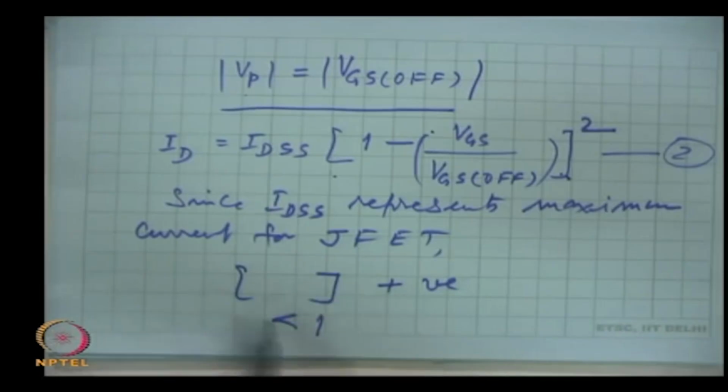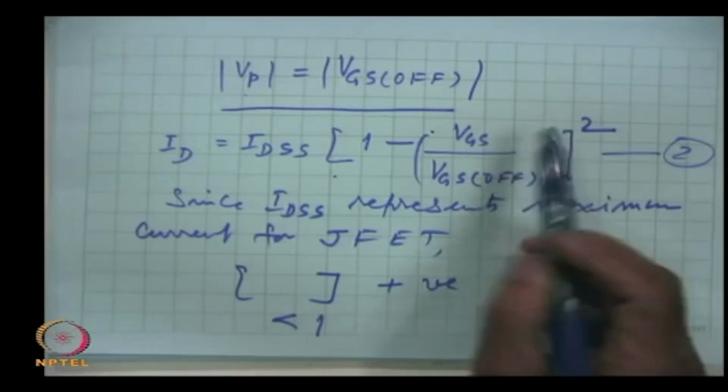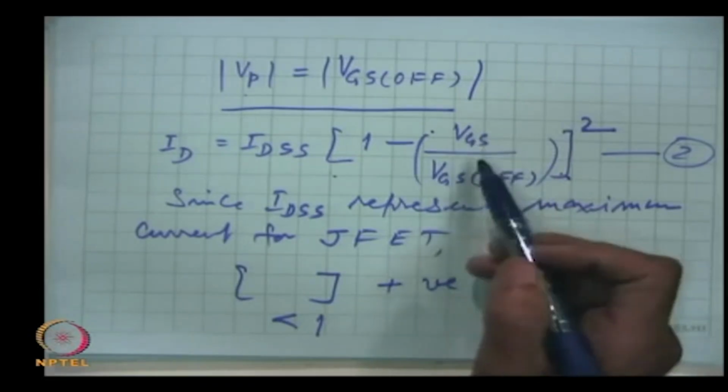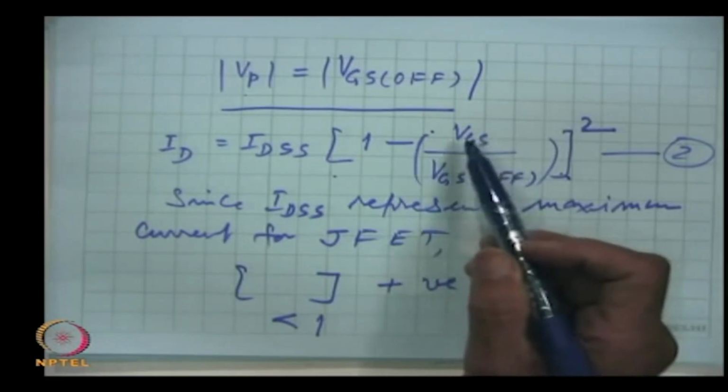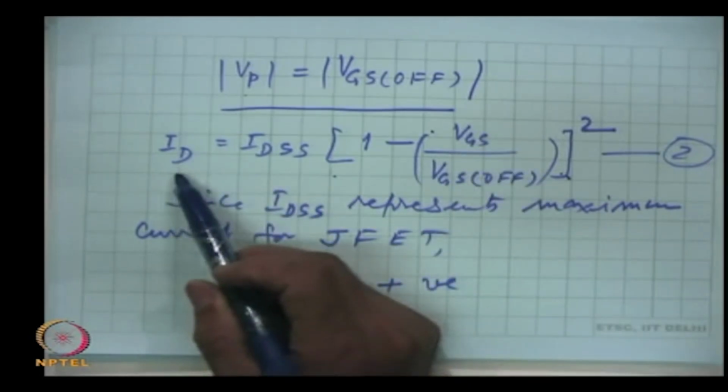Now, why I am saying this: we can just substitute VGS for any voltage at which we want to know the drain current for the device.